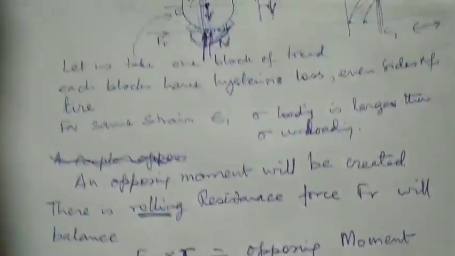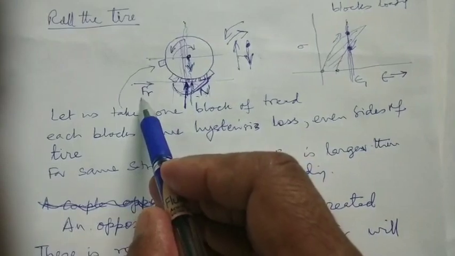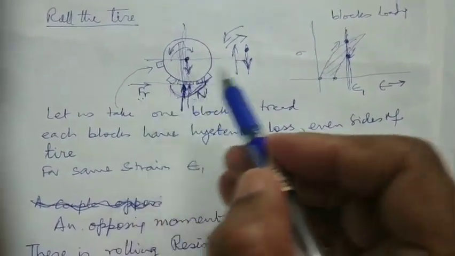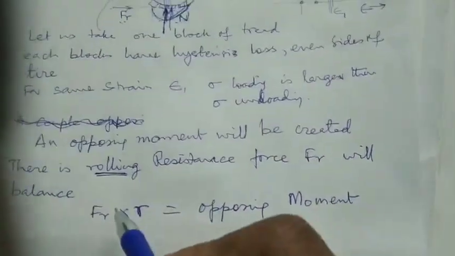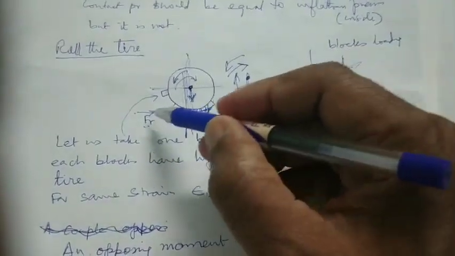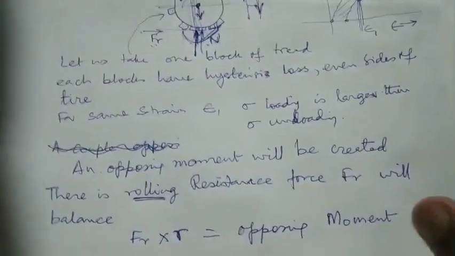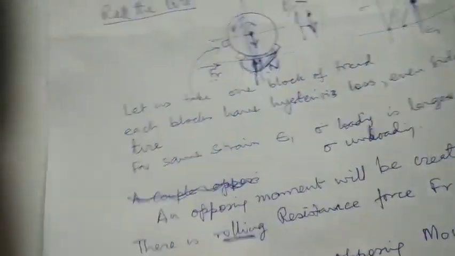So we now have to clearly understand that rolling resistance is nothing but the disturbed patch. If there is a force Fr, what is the Fr representing? The rolling resistance. So Fr into R will be equal to the opposing moment. That is what I have to say.